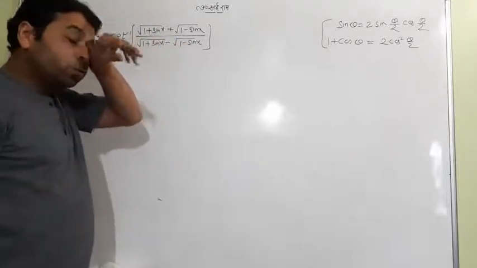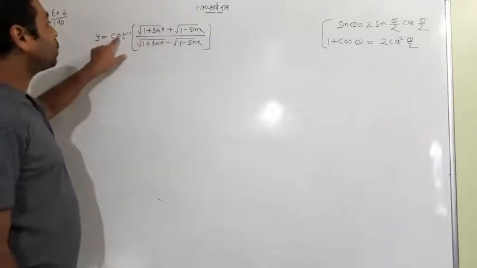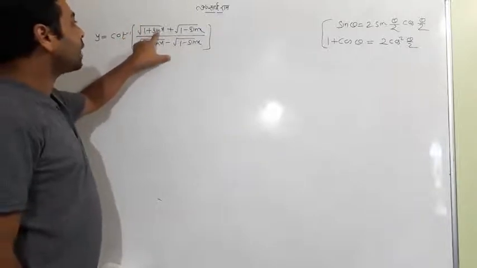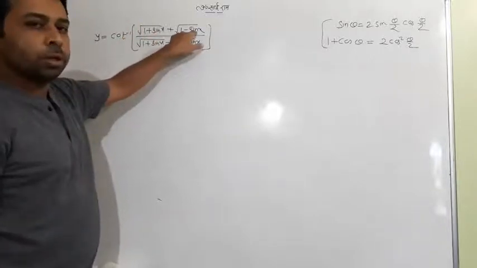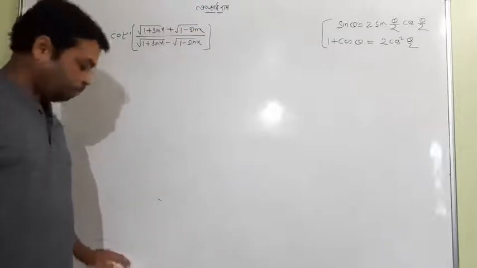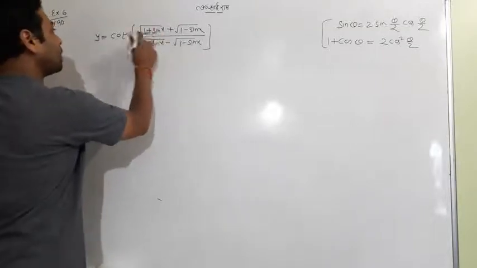So what to do, students? Recently I taught you that it is an inverse function and it requires some substitution. But if you see, it is already a sine or cos term, so it doesn't require any proper substitution. So what to do? You have to simplify that term.